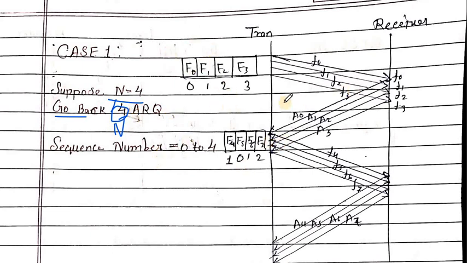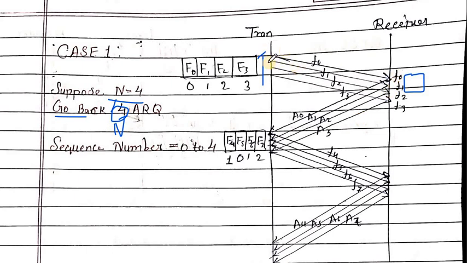Here the frame sequence is F0 to F3, and 0 to 3 are the sequence numbers. When the transmitter transmits 4 continuous frames one by one, the receiver window size is only 1. So at a time only one frame is received and processed by the receiver.